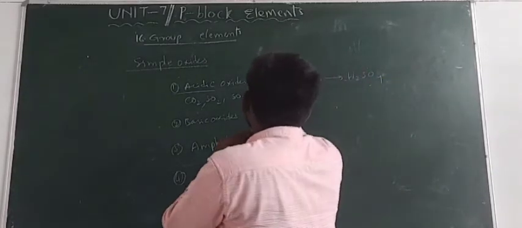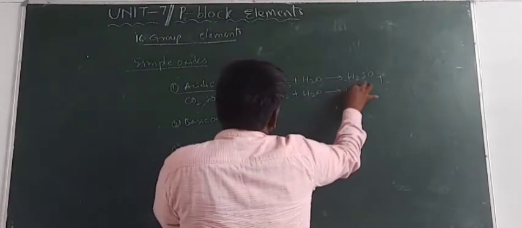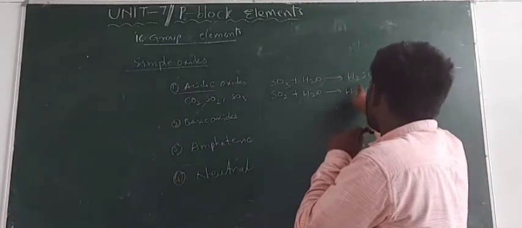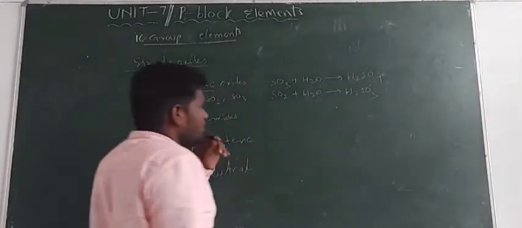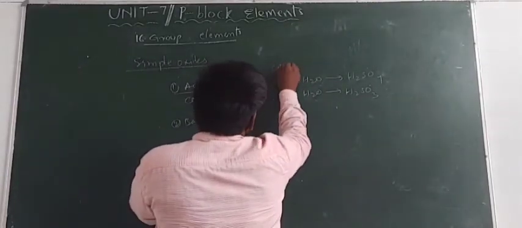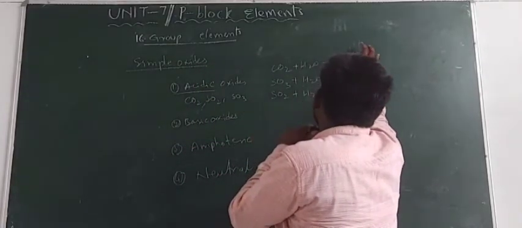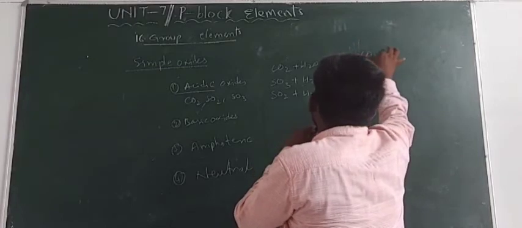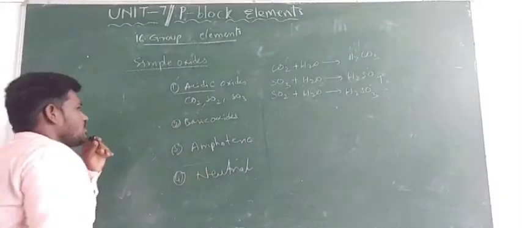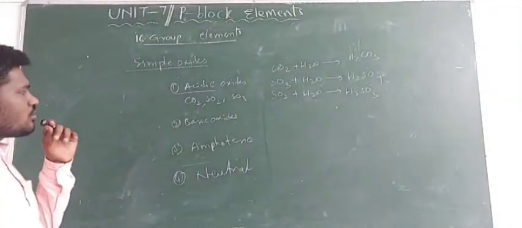SO2 dissolved in water gives H2SO3, sulfurous acid. CO2 dissolved in water gives H2CO3, which is known as carbonic acid. So these all are acidic oxides because they produce acids when dissolved in water.